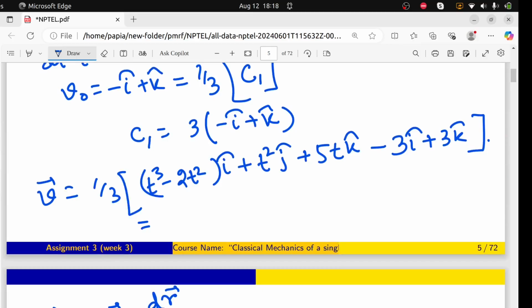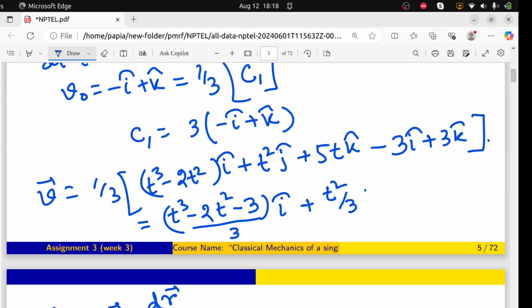Okay, now I can do one thing here: (t cube minus 2t square minus 3) divided by 3 i cap plus t square by 3 j cap plus (5t plus 3) k cap divided by 3. So this is the v.